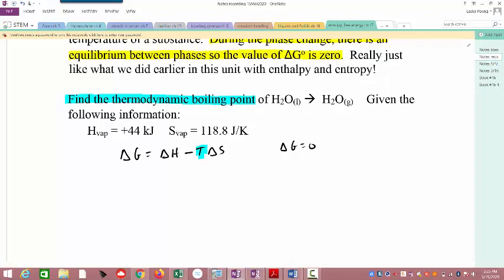So you can do the algebra before or after you put numbers in. Okay, now remember, we've got kilojoules and joules. So go ahead and convert your joules to kilojoules. That makes it so much easier.